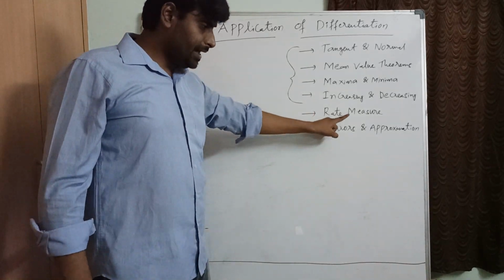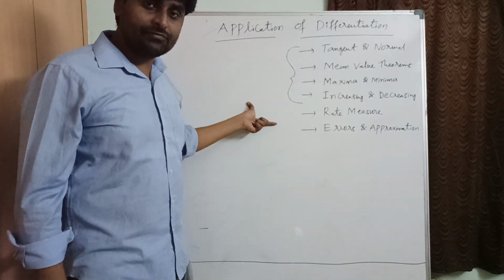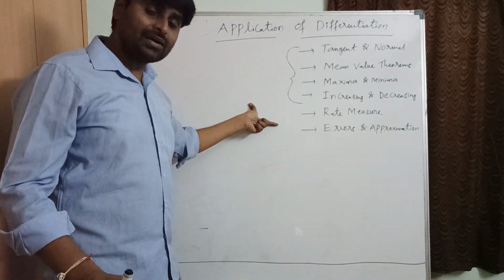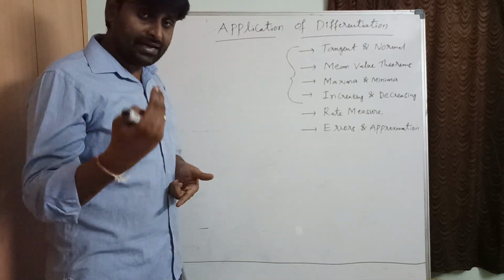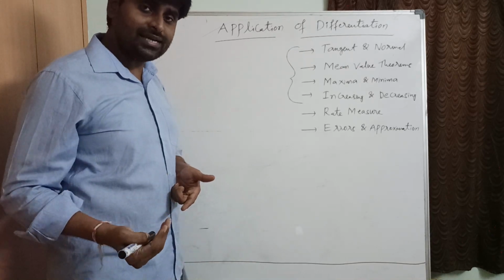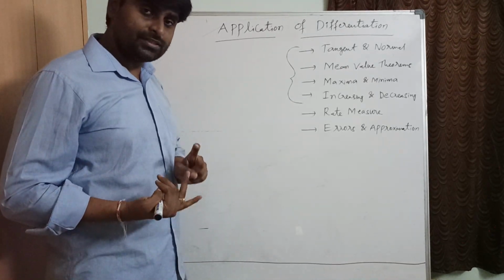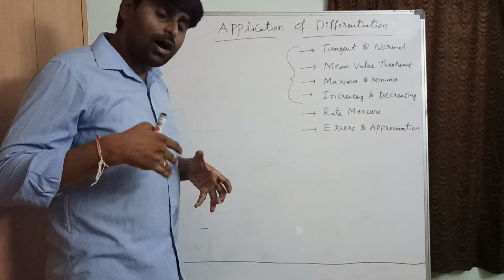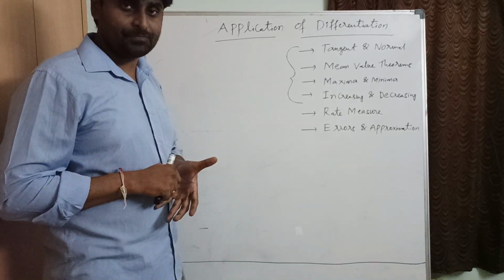Now rate measure. In that we are going to discuss the rate of change of different quantities with respect to other quantities. For example, if the radius of a circle changes, obviously its area will increase or decrease. With respect to change in the radius, how fast is the area of the circle going to increase?